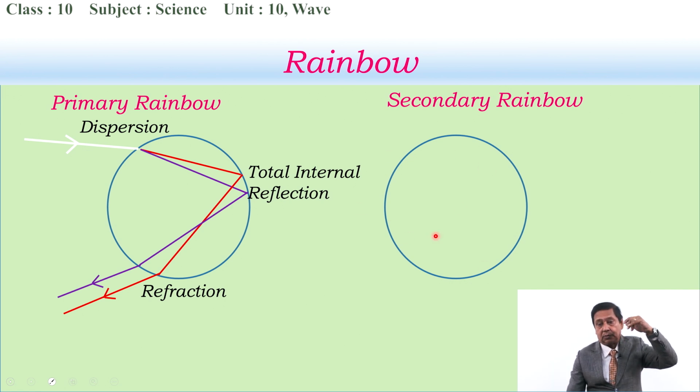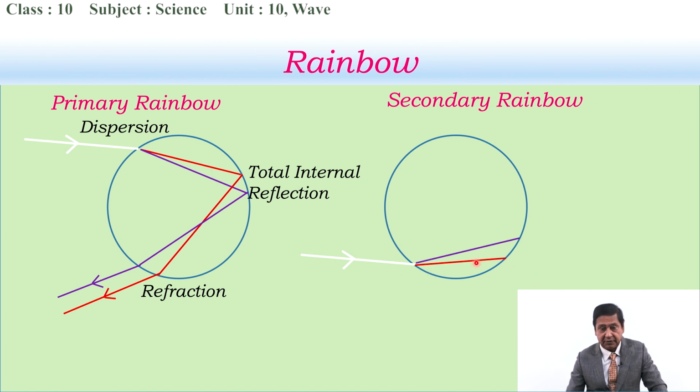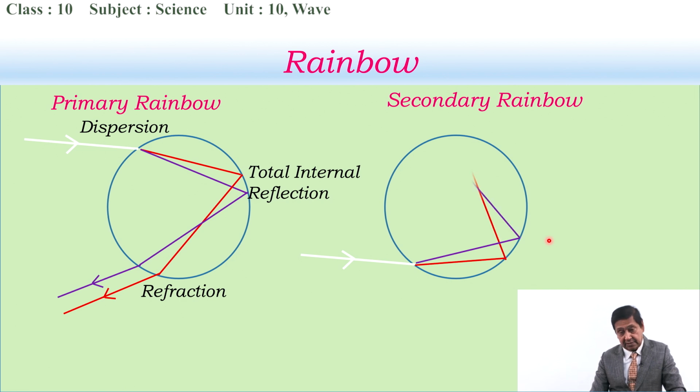If this droplet of water is at a very height, then when light enters it from the lower side of the droplet, dispersion takes place at this surface, and when it strikes the opposite surface, total internal reflection takes place because the angle of incidence is greater than the critical angle.